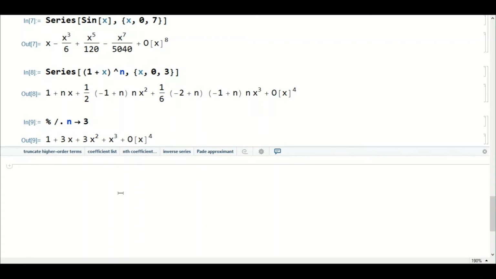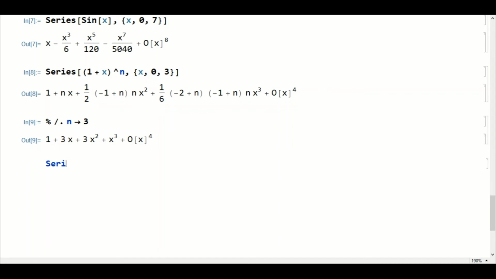Suppose that you want to take a power series expansion of a function, Series of 1 plus f of t, and the power of t varies from 0 to 3.